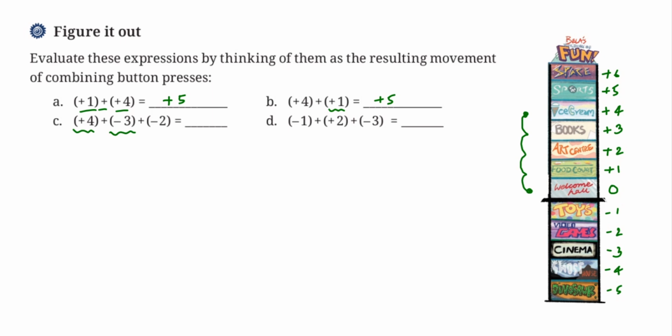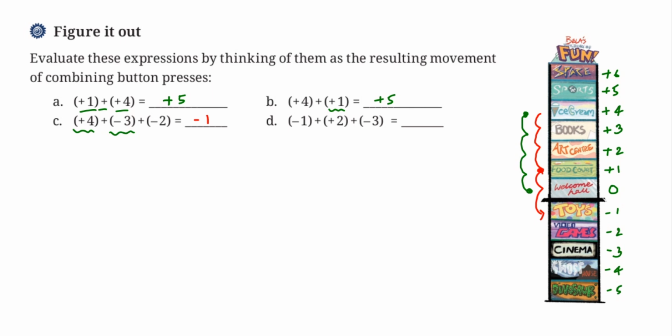So it will be 1, 2, 3. Now you are here, food court, which is your 1st floor. And again you pressed -2. This means you're going 2 floors down again. So 1, 2. Now you are at toys, which is -1, 1 floor below the ground. So your final result will be -1.